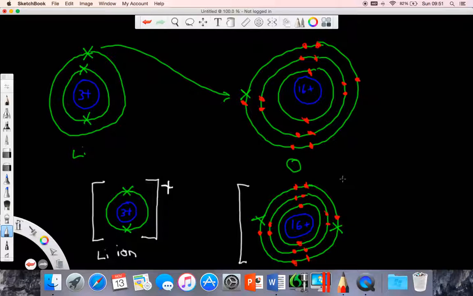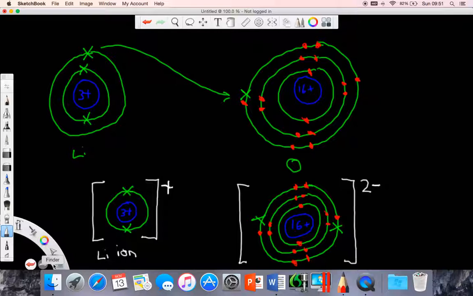But its charge would be very different. Because it has 16 protons, originally it had 16 electrons, but it has gained 2 electrons this time. So now it would become 2 minus rather than 1 minus.